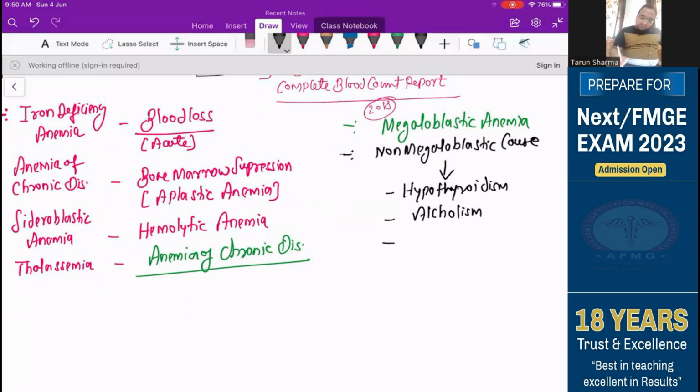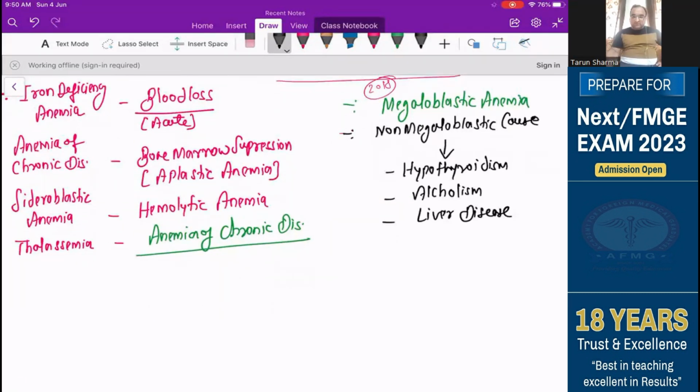Then comes liver diseases, chronic liver diseases, not acute. So hypothyroidism, alcoholism, chronic liver diseases, and some cases of aplastic anemia, not all. Most of the cases will be in the normocytic category, but some cases of aplastic anemia can also be in the macrocytic category.